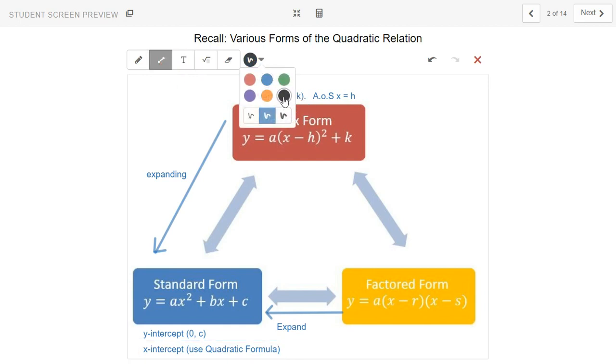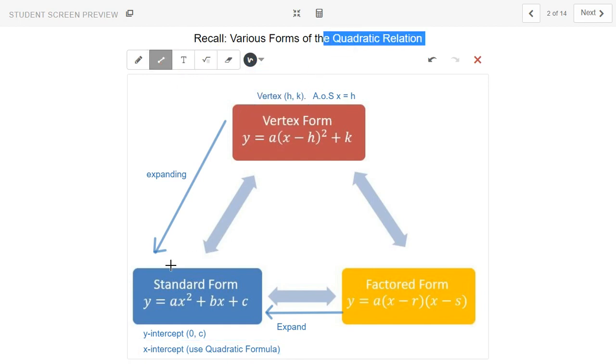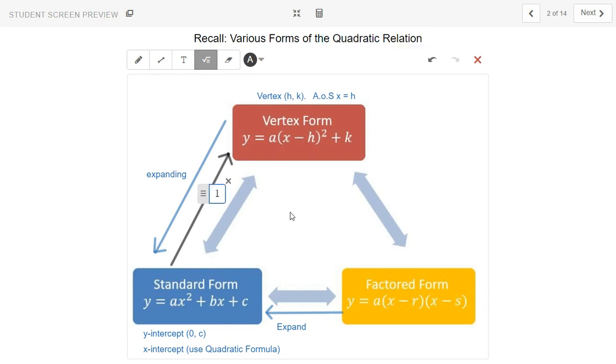Now, if we wanted to find the vertex, it would be the same as us trying to go back to vertex form. There's two equations that are useful. If I use h is equal to negative b over 2a, this gives us the axis of symmetry of the parabola.